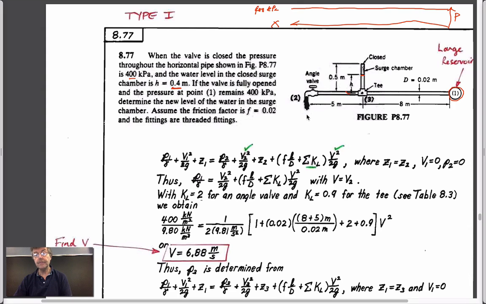And so then we come and we open this valve. And we open this valve, and all of a sudden the pressure at this point is going to be now equal to atmospheric. This is still going to be 400 kPa, because that's what's prescribed. And so there'll be flow in the system.